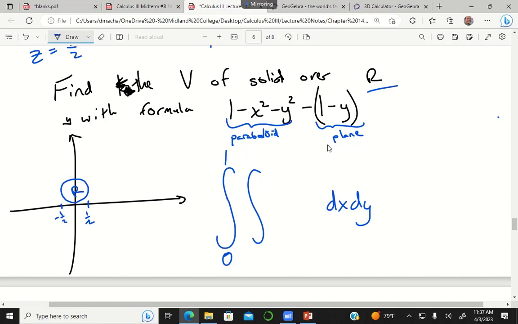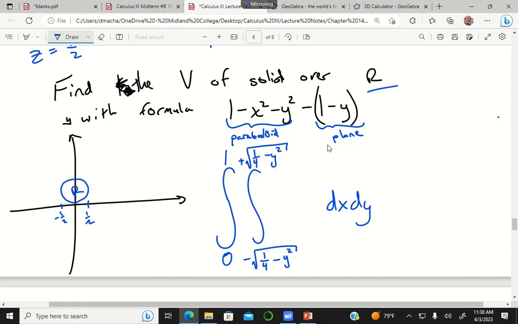Instead, I have to make x a function of y, so this is going to be minus the square root of 1/2 squared minus y squared, up to positive square root of 1/2 squared minus y squared.